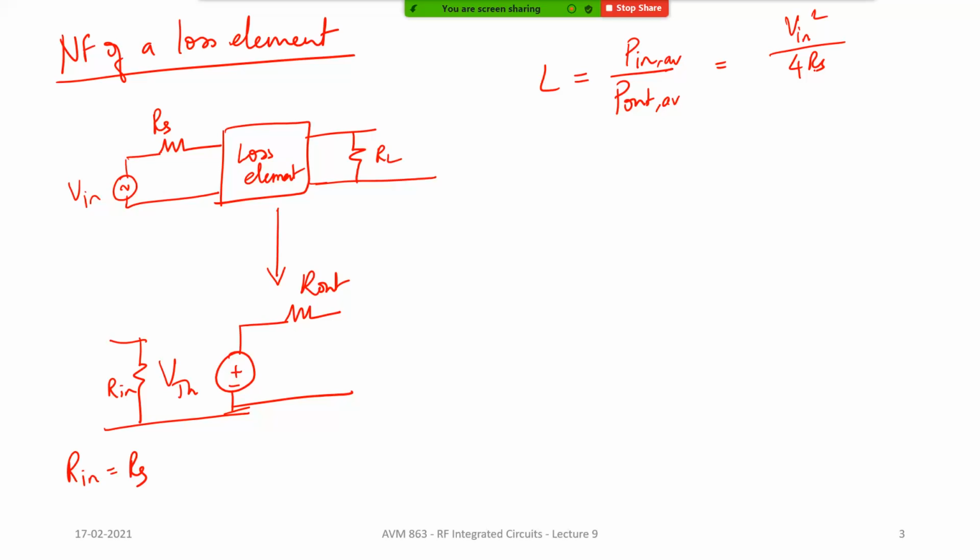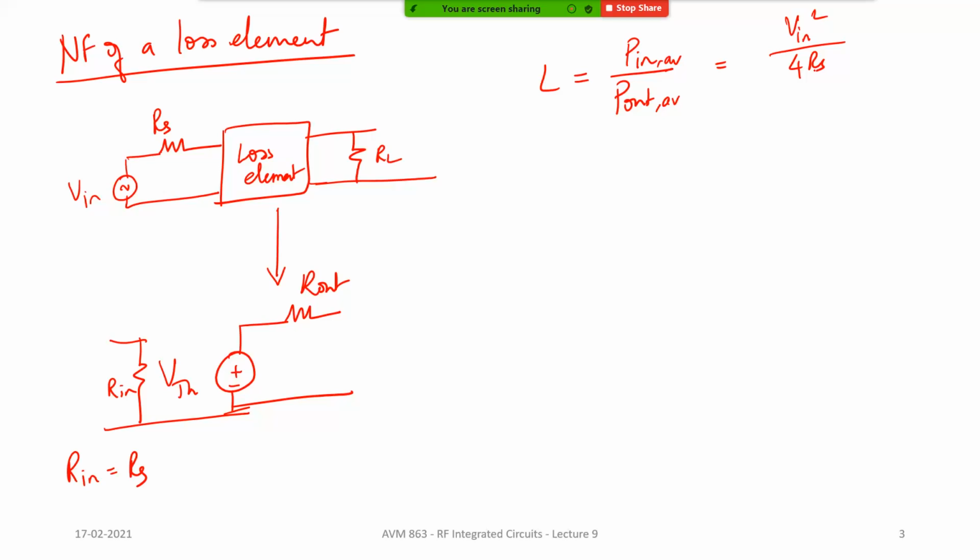What is the available power? Available power is the power that is delivered to the load if the load is conjugate matched to your source. So for V in and Rs, if you put a load resistance of Rs, the power delivered will be V in divided by 2 the whole squared, divided by Rs.